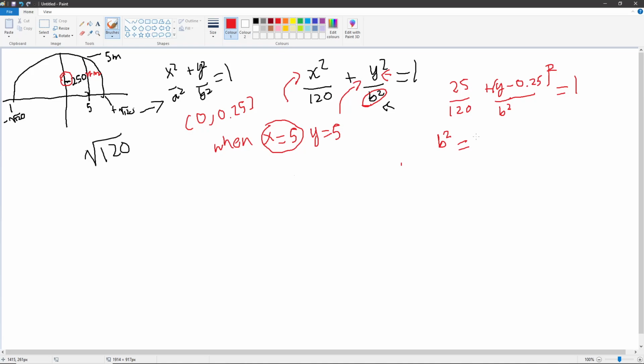So b squared is going to equal 28.5 when you go through all of that. If you got something different, I'm right, you're wrong, so go back.